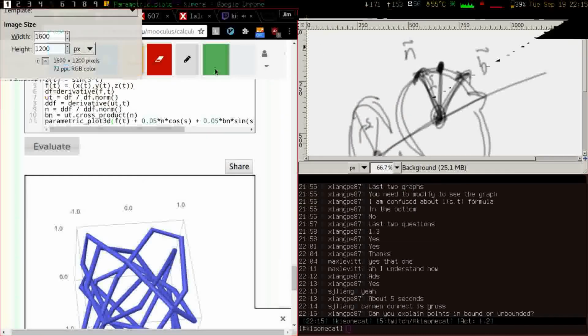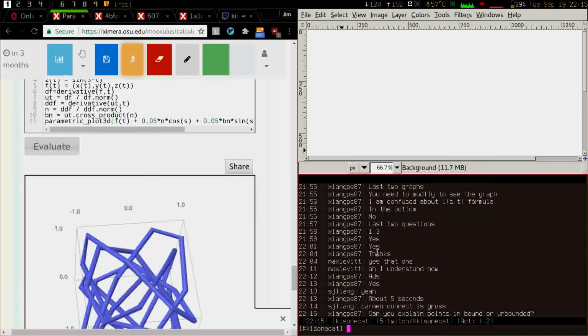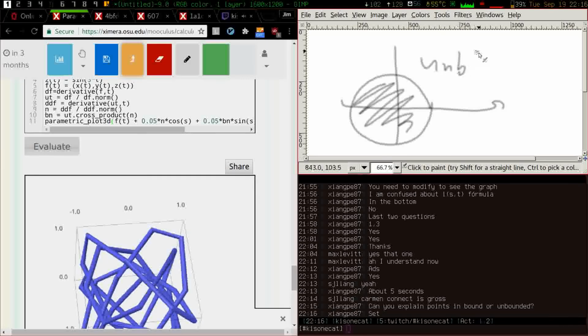Let's see. Do you mean like when you have a region and this region is bounded, but this region out here is unbounded?